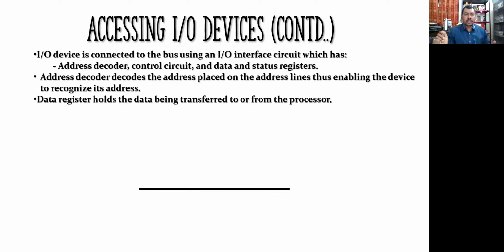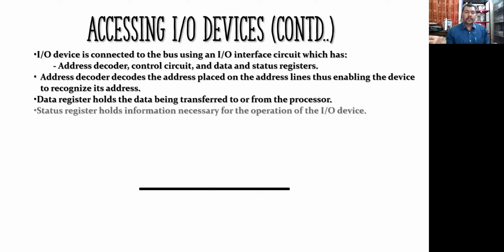The data register holds the data which is being transferred to or from the processor, right? So the main job of the data register is to store the data to be transferred. And the status register holds the information necessary for the operation of input output devices. What does that mean? When I talk about 8255, we have a control word, right?